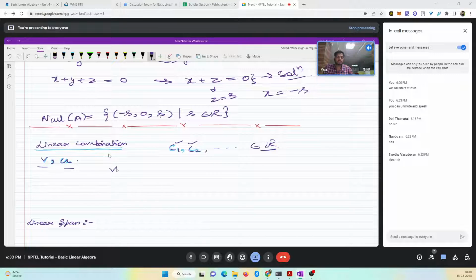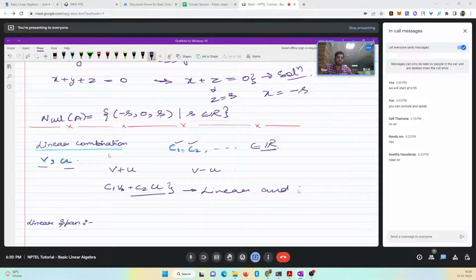What can you do with these two vectors? You can add them, you can subtract them, or you can go one step further: you can do c1 times v plus c2 times u. Something of this form is called a linear combination of u and v.